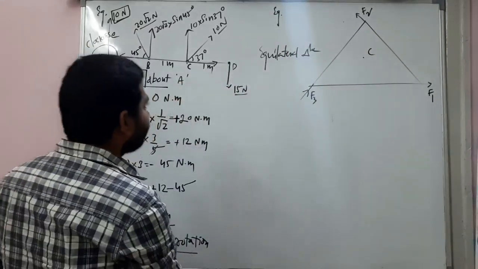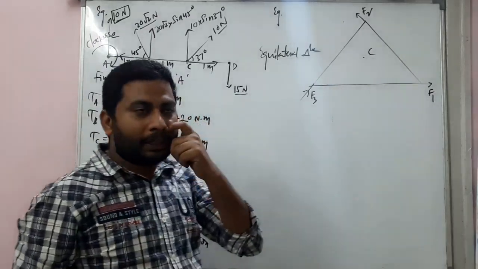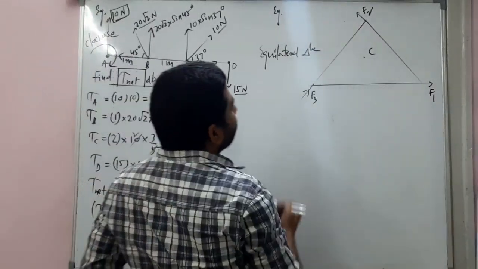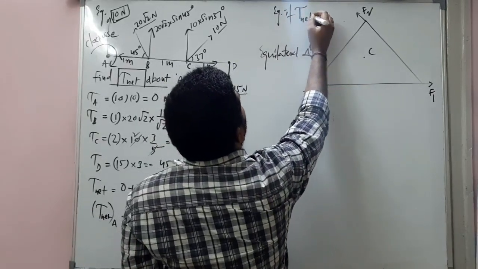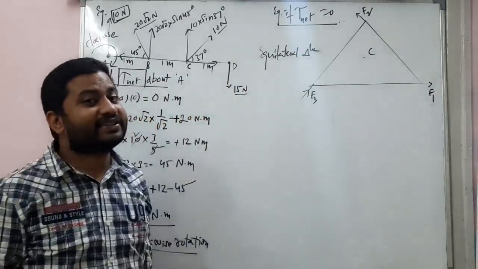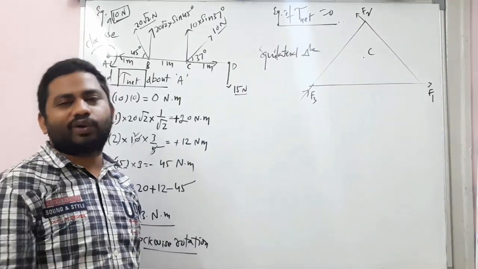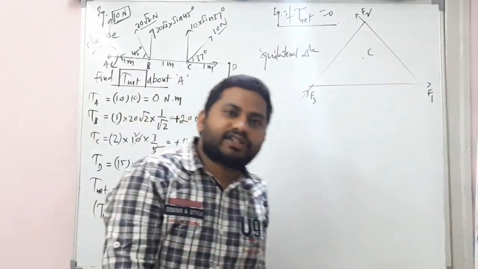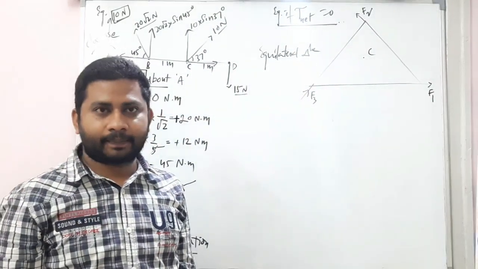This is an equilateral triangle and this is the centroid. Question is, if the net torque is 0, the system is in rotational equilibrium. Yes or no? Yes. Net torque is 0, system is in rotational equilibrium. Net force is 0, the system is in translational equilibrium, my dear students.